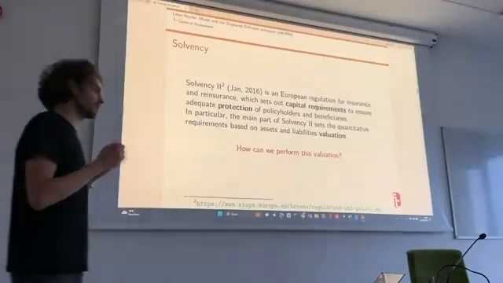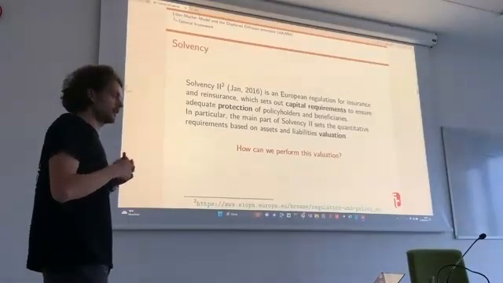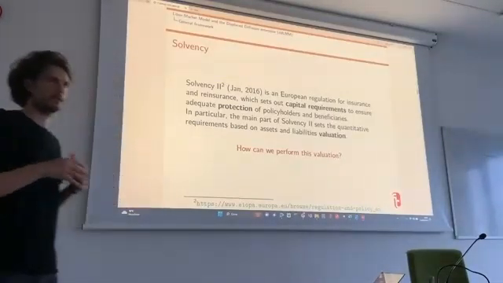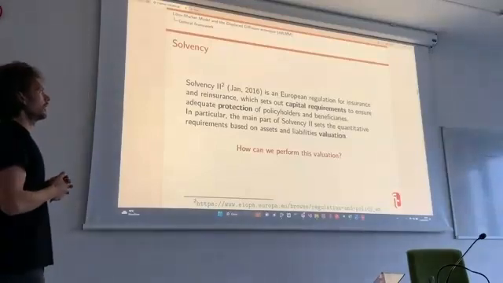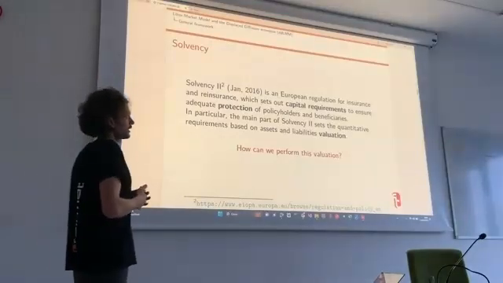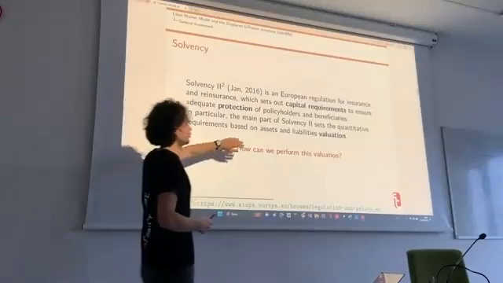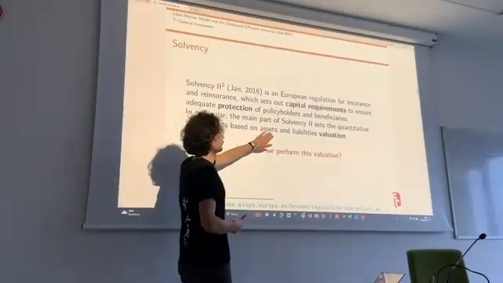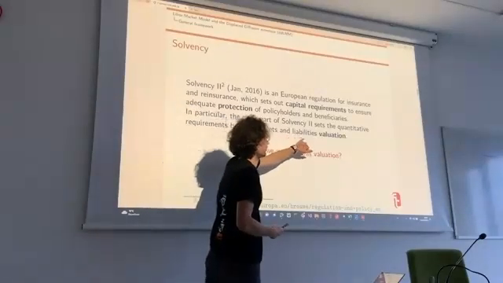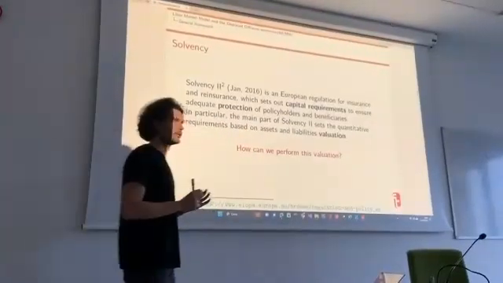What does it mean? It means that they are trying to protect the market and the policyholders, and in doing so, they are asking insurers to evaluate their assets and liabilities at a fair value.